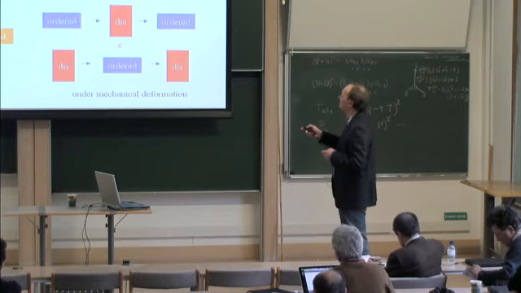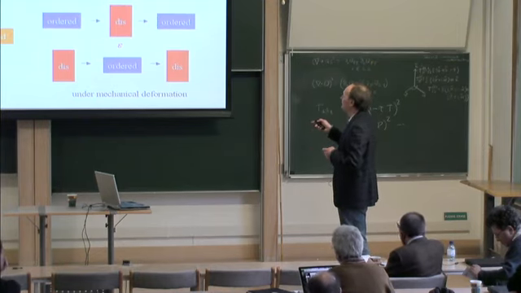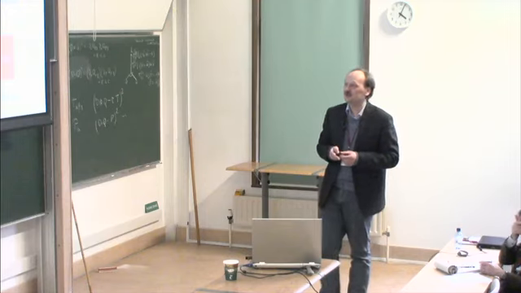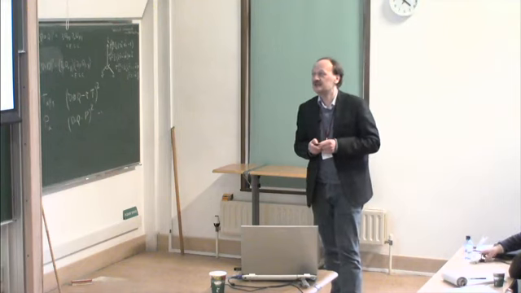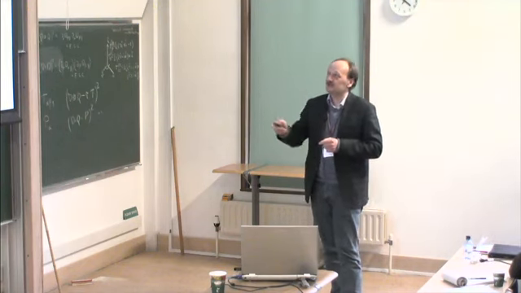And the reaction to external stimuli, such as an electrical field, chemical conditions or light, is mainly due to the liquid crystalline groups. Sometimes the systems are split into two types, with positive and negative coupling between the nematic director and the axis of the uniaxial extension. That means that if we stretch along some axis, then the liquid crystalline director is oriented either parallel or perpendicularly to the axis of the stretch.